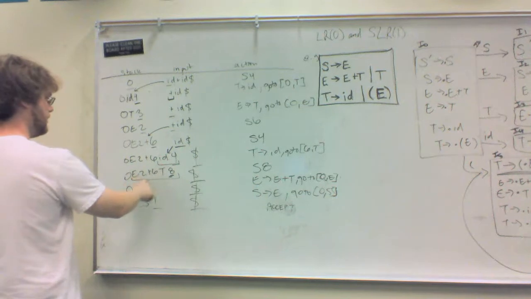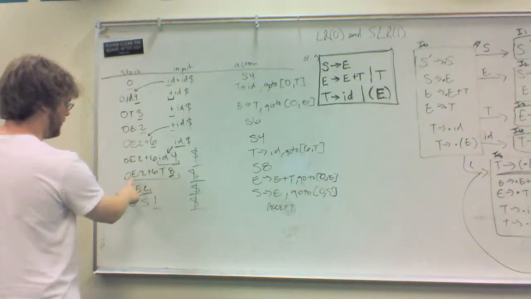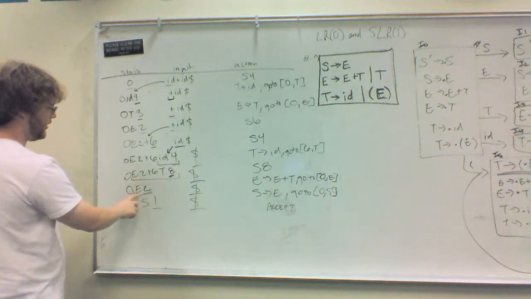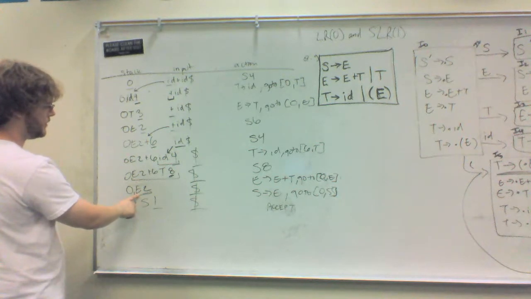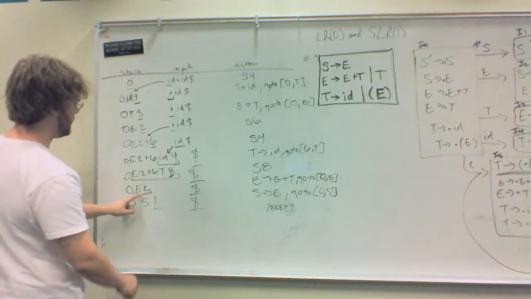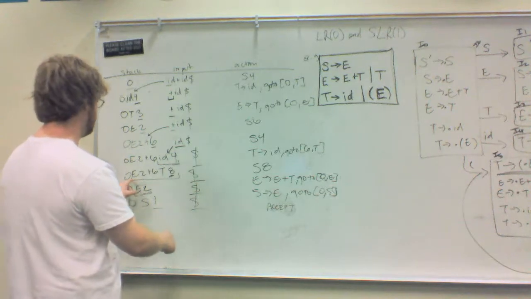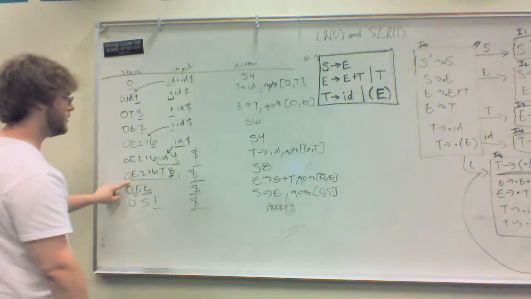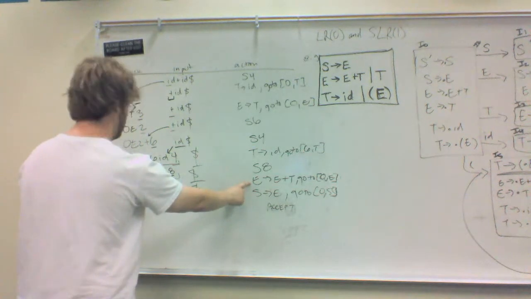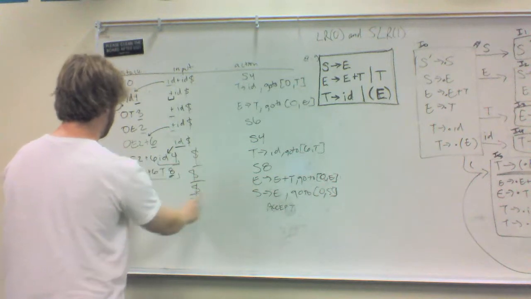Using this rule to eliminate the following string, we can put E in place, and we'll also need to know what state now correlates with E. The state correlating with E, we would find by looking at state 0 and E. We will find that we shift to state 2.